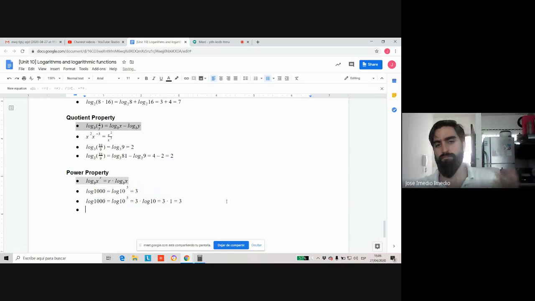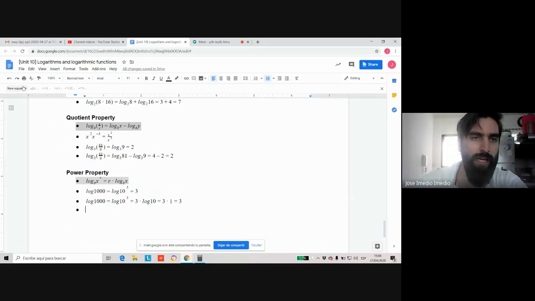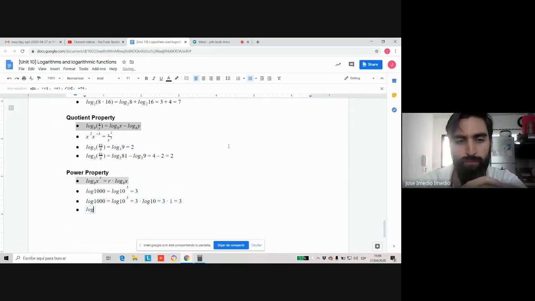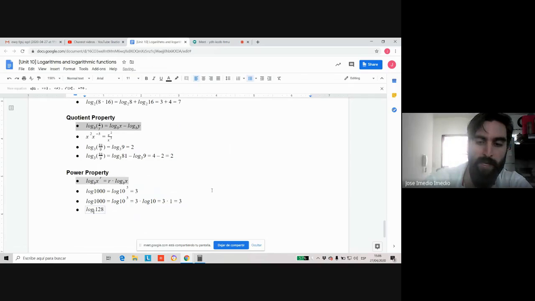Okay, let's do it with a power of 2, like before. Okay, let's use, as we used before, logarithm base 2 of 128. Okay, this is the same as saying logarithm base 2 of 2 raised to the 7th power.